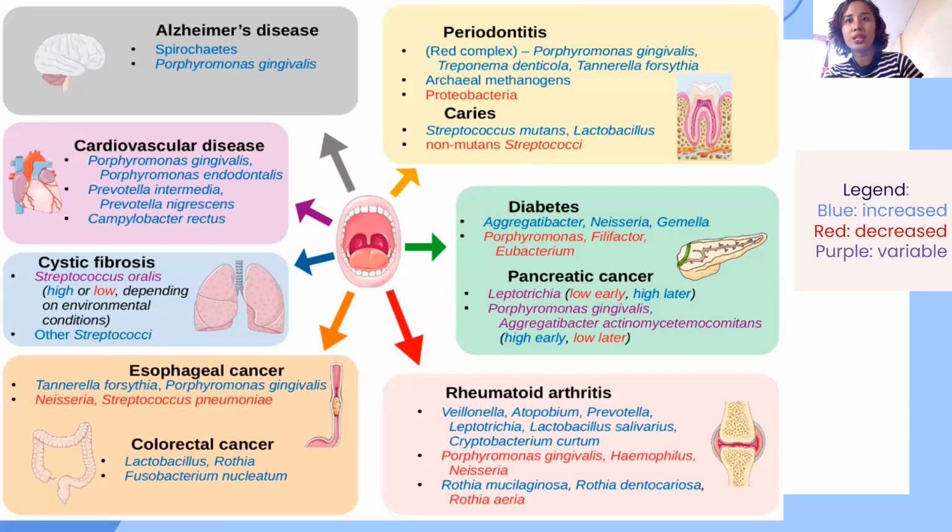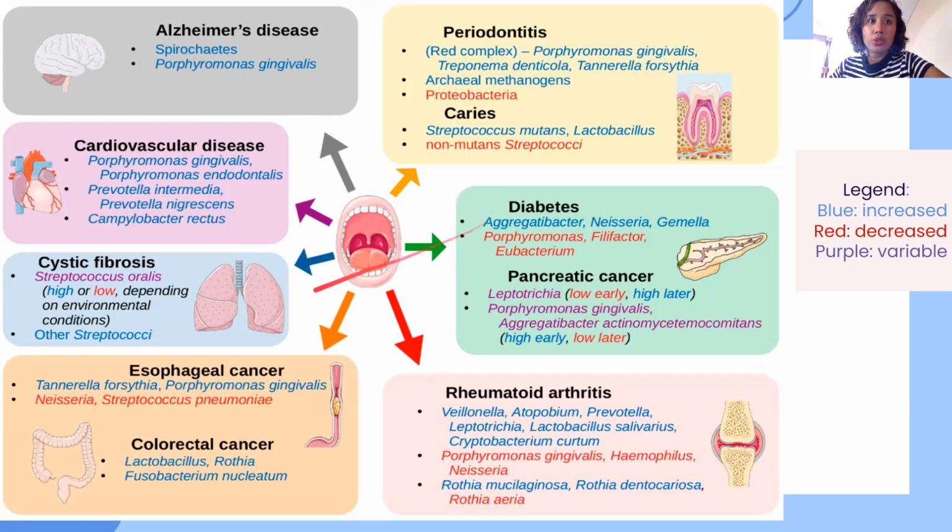So, the legend is blue. The names which are in blue are increased in those types of diseases, and red is decrease. Yan. So, itong Porphyromonas gingivalis. Kung may cardiovascular disease, mataas ang Porphyromonas sa mouth. Yan. So, Alzheimer's, Porphyromonas rin, and spirochetes.